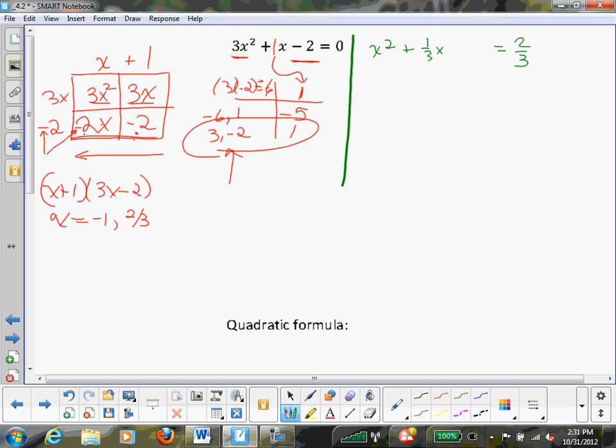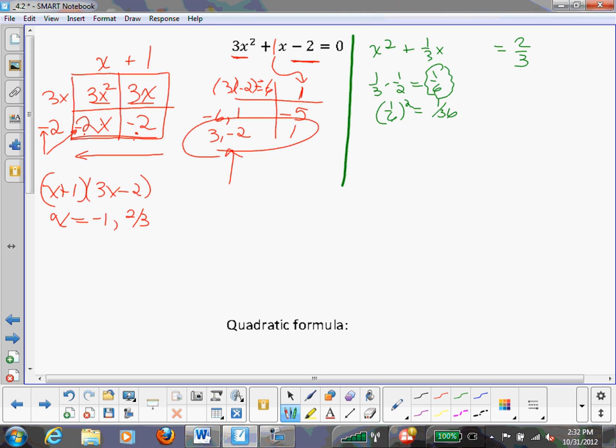What do I do now? 1/3 times 1/2 is 1/6. That's my completing value. 1/6 squared is 1/36, and that's what I add to both sides.